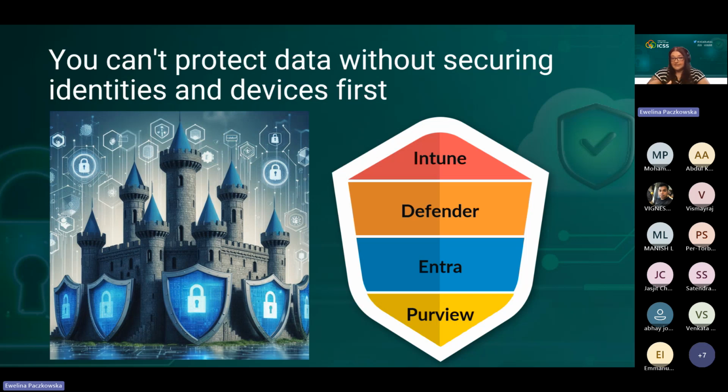So the easiest way to get in and get that data is by compromising your identity. That's why, in my view, identity security is also data security. Protect your identity, and then you're protecting the data behind it as well.